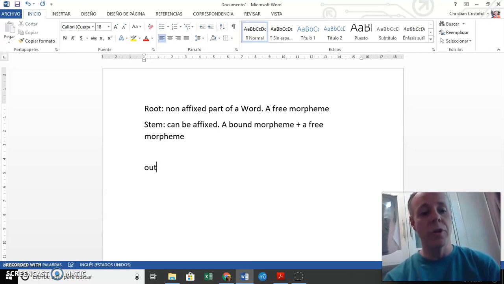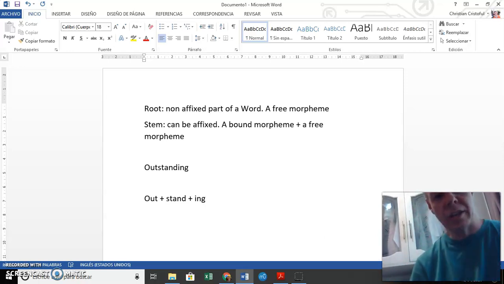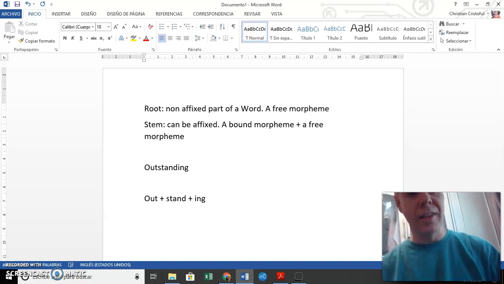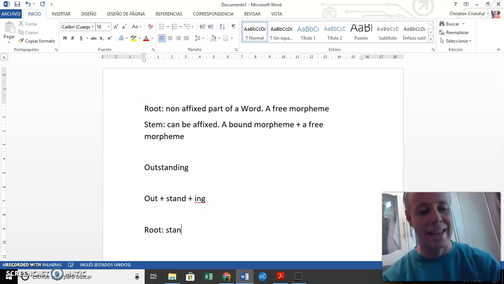Let's take the word outstanding. This word has three morphemes: out plus stand plus ing. Okay. According to the definition of root, root is the non-affixed part of a word. It's a free morpheme. The free morpheme here is, yes, you are right, stand.